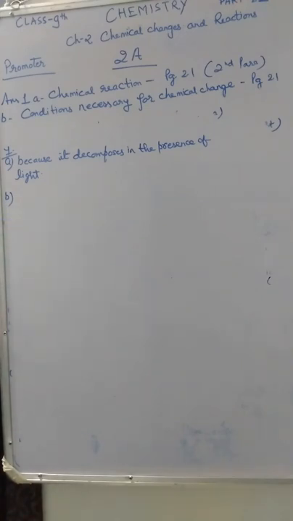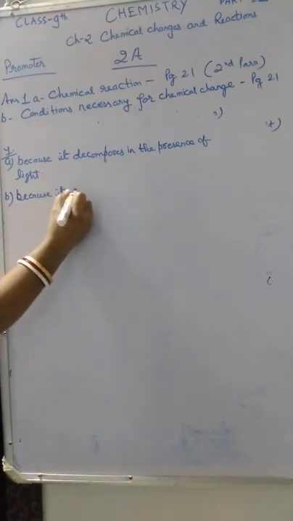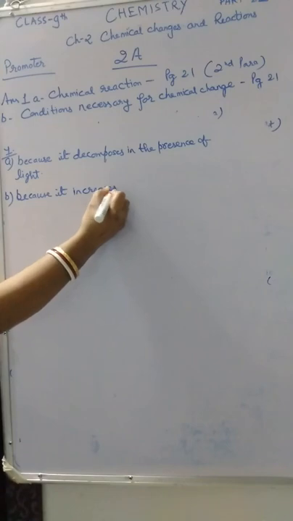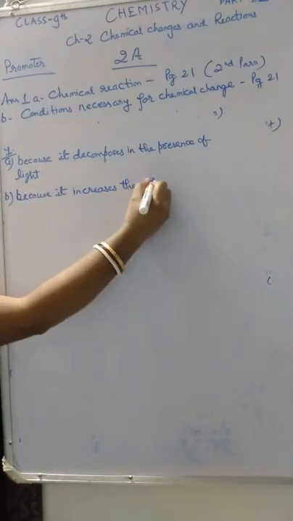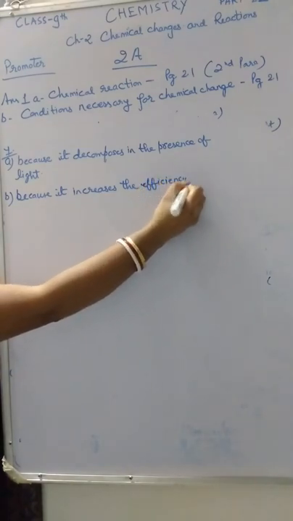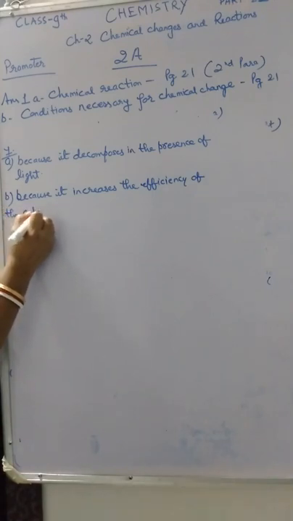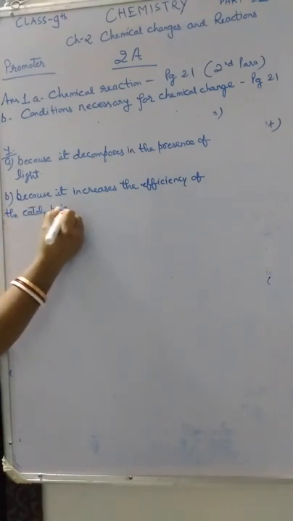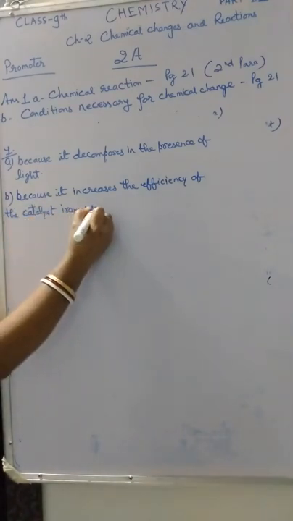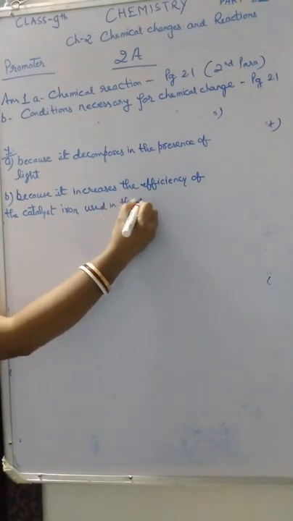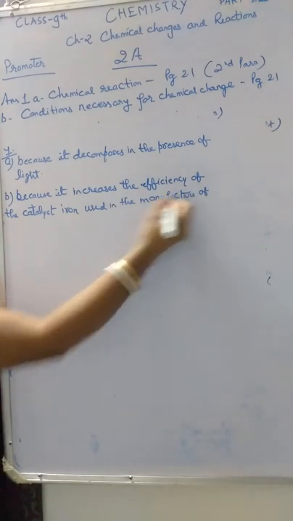So that is why, because it increases the efficiency of the catalyst, iron, used in the manufacture of ammonia.